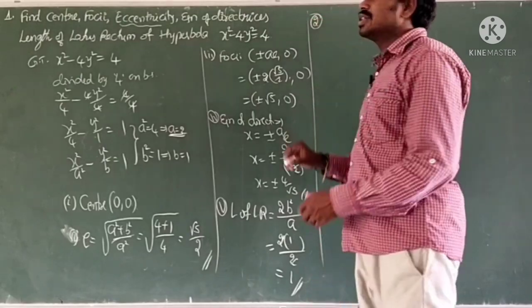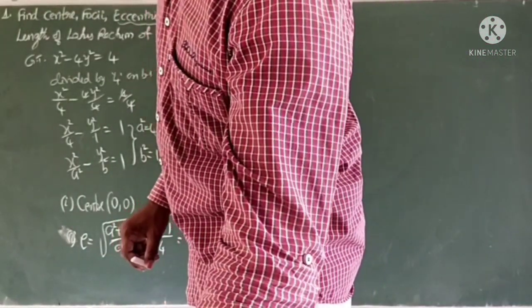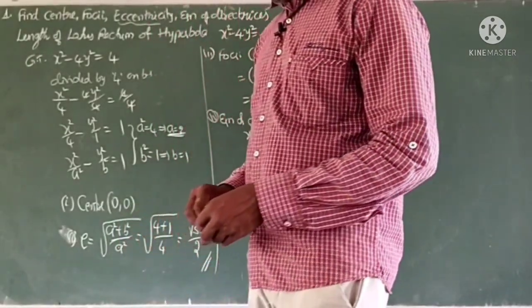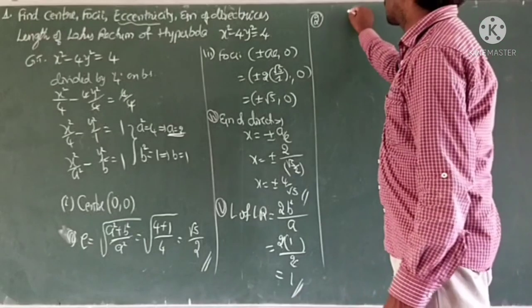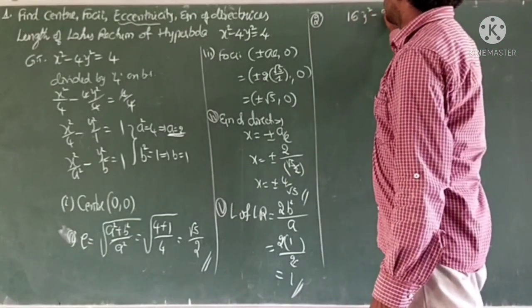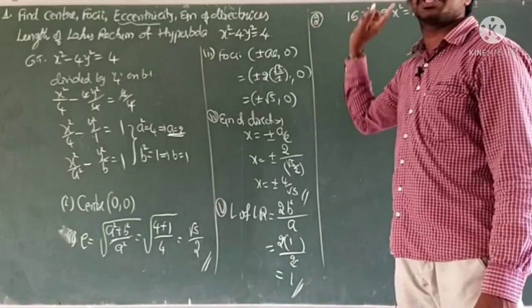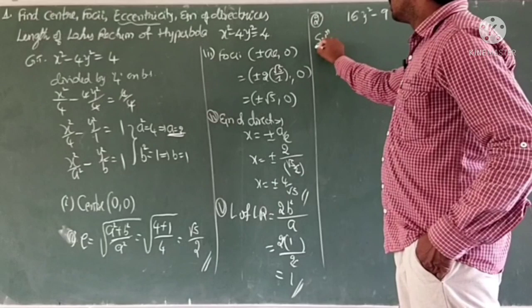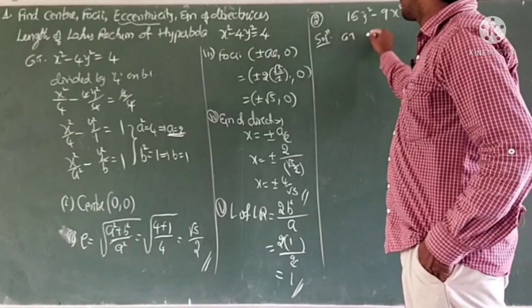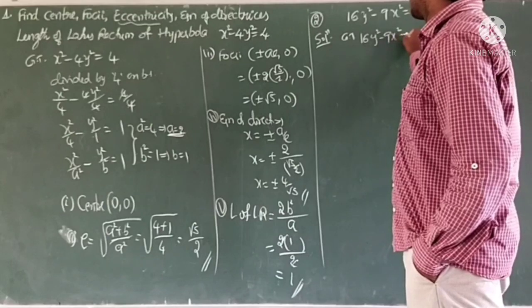Same: find the center, foci, equation of directrices, length of latus rectum of the hyperbola 16y square minus 9x square equal to 144. The second question is the same kind. So, solution. First write down the equation of the given hyperbola, that is 16y square minus 9x square equal to 144.